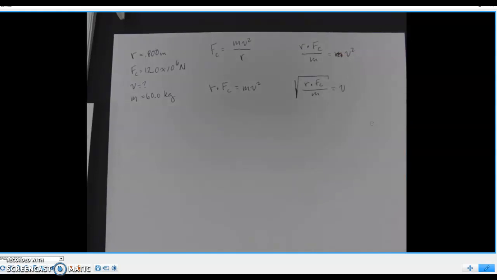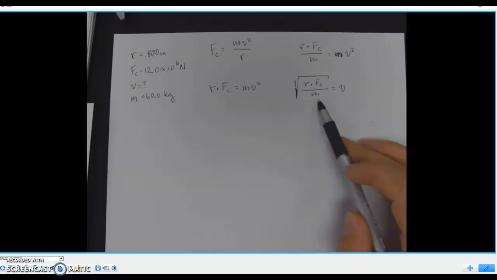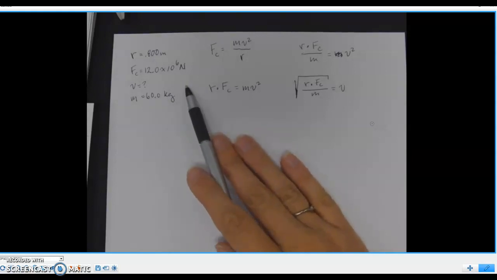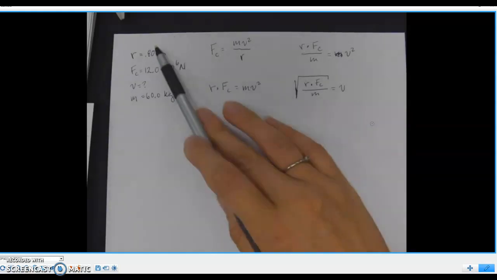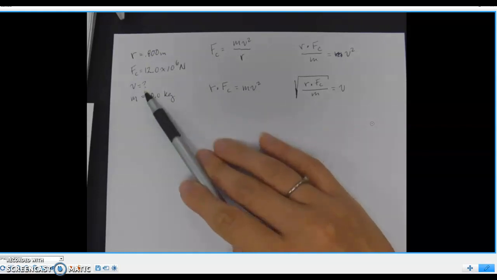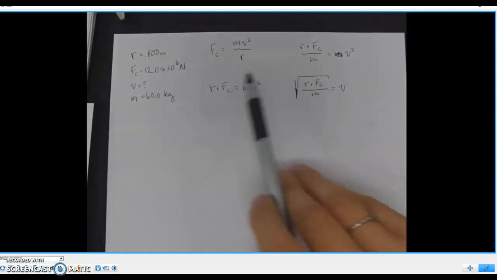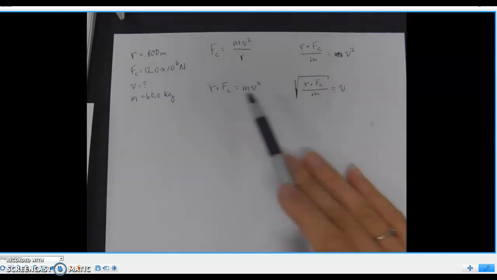Okay, a couple things to note and keep in mind. If I'm not going to rewrite this equation with all my numbers, that's fine, and I almost prefer it that way, but you have to give me this list. Somewhere in your work, you have to show me that you recognize what R is, what the centripetal force is, and what the mass is.